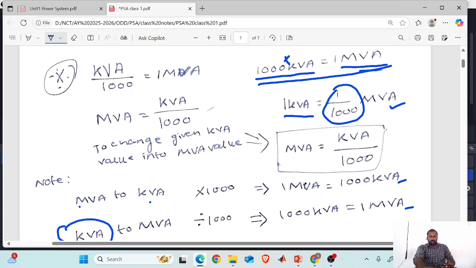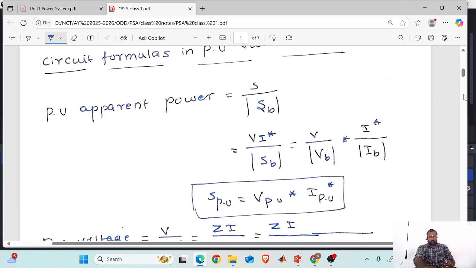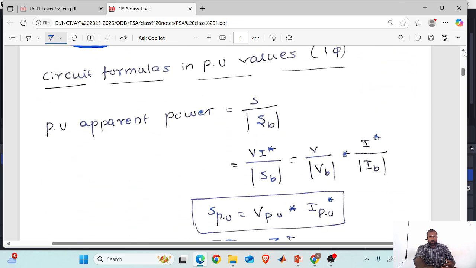In problems we will use these terms and the circuit formulas in per unit values for the single phase system.